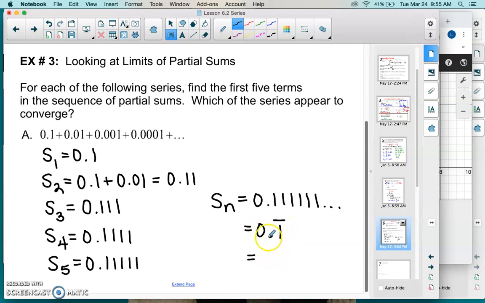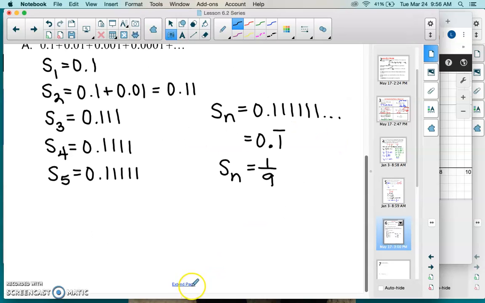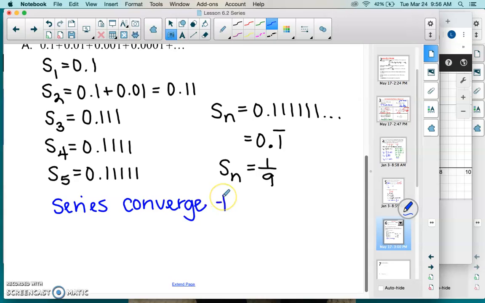Kind of think like 0.3 repeating is a third. Well, 0.1 repeating is 1/9. So essentially what we're saying is that this series, if I add up all these terms to infinity, is going to eventually get closer and closer to 0.1 repeating, which is equivalent to 1/9. So this series, we want to just describe and say the series will converge to 1/9, or you're welcome to call it 0.1 repeating.